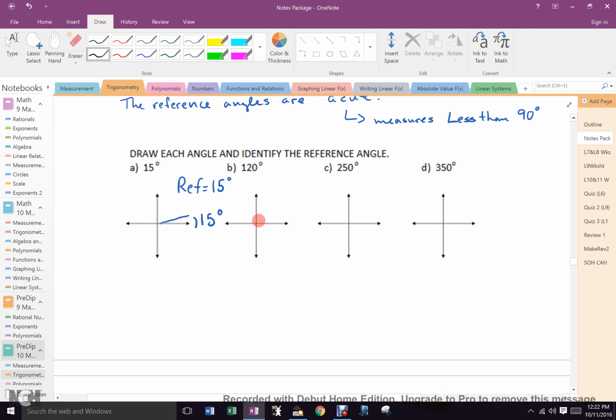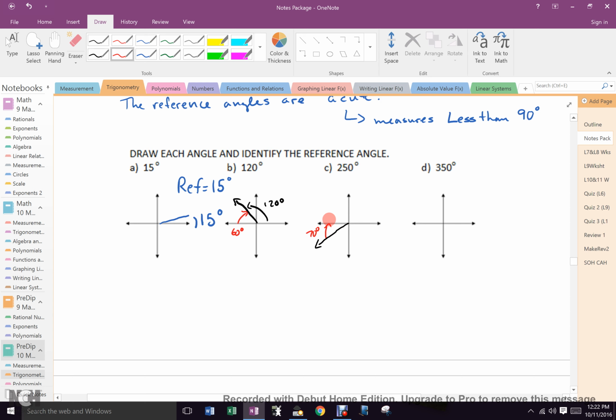So B. Where's 120? Second one. Out here. There's the 120. Reference angle 60. 250. Third quadrant down here. Right? Reference angle 70. Because I go back up there.